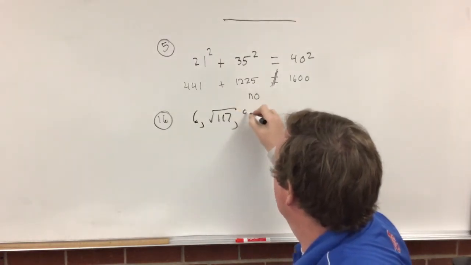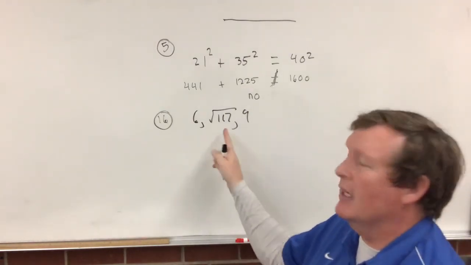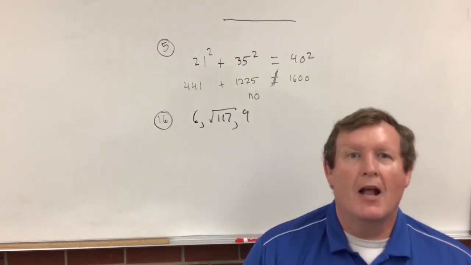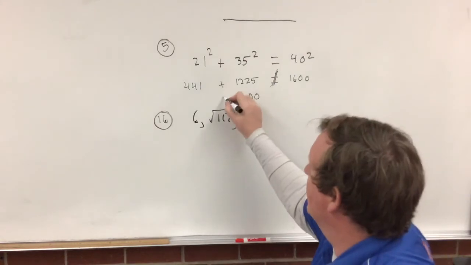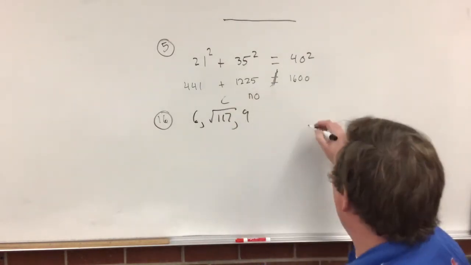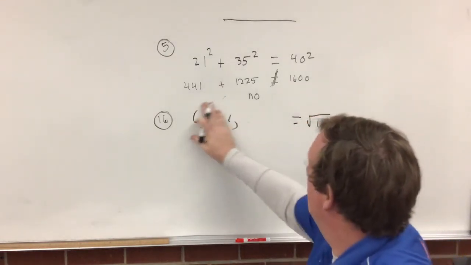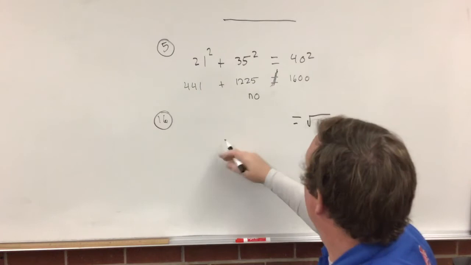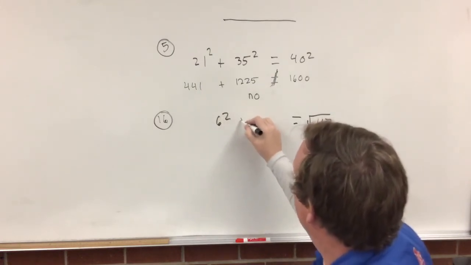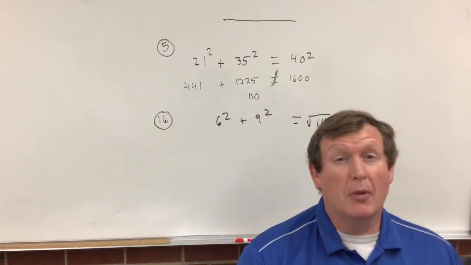Well, the book wants you to assume whenever they have this one as a square root, that's the one that's going to represent C. So anytime you see the square root part, that's C. So the square root of 17 will equal 6 squared plus 9 squared. That's how I set those up.